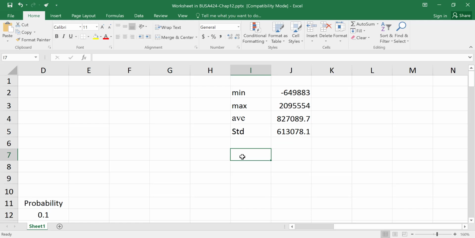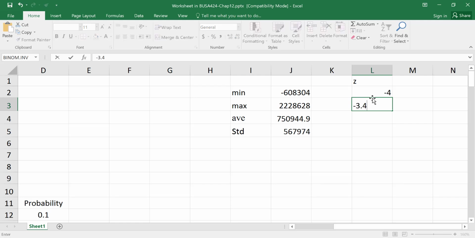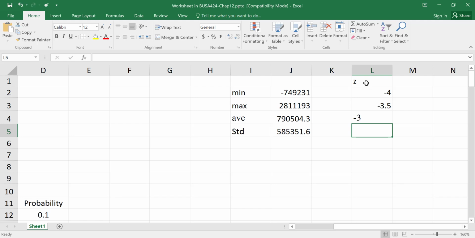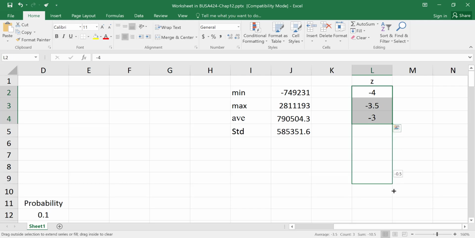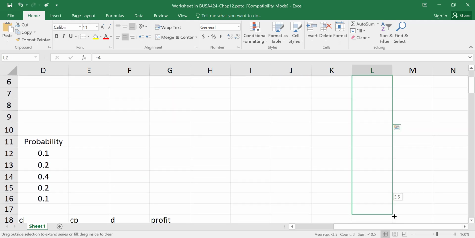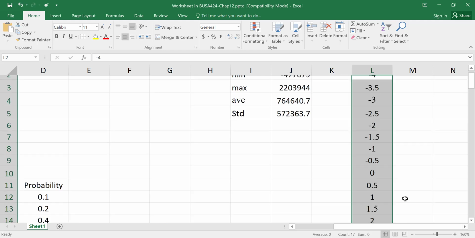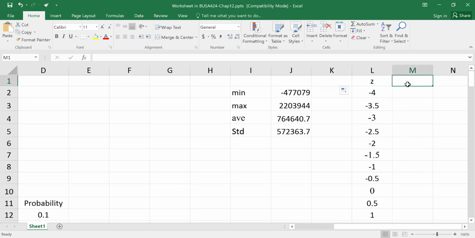and then we need to find the frequency. So in order to find the frequency, we create the z's, which start from -4, -3.5, -3, and so on. So we select all of this up to 4, then we create the bins.